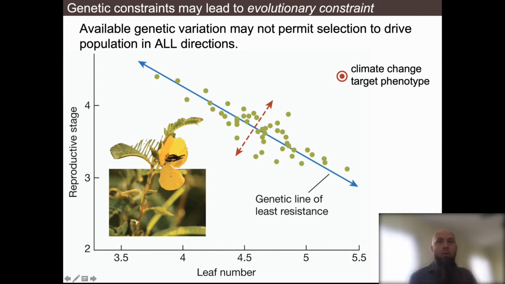There's an evolutionary constraint there, that constraint being the genotypic variation and combinations that exist in the population don't allow the population to move on the axis of that red dotted line. The population can move on that blue line, but there are genetic constraints that prevent the evolution of this population from reaching some optimal phenotypic combination.